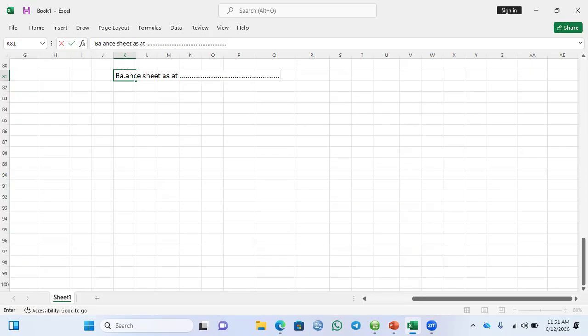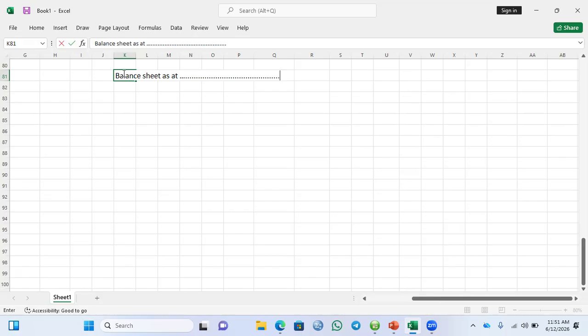Now you would appreciate that the trading account and the profit or loss account had a title ending with "for the year ended." But the balance sheet is "as at." There's a reason why, so please note it somewhere. The reason is that the trading and profit and loss account are prepared for just an accounting period, normally 12 months or 1 year.